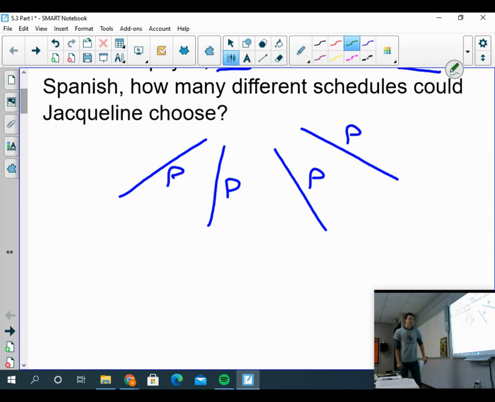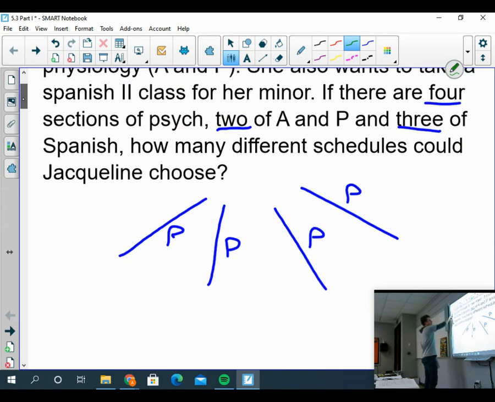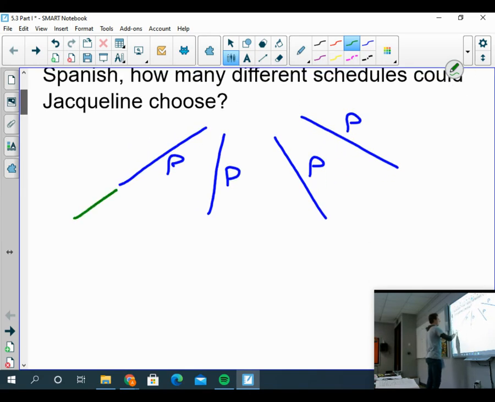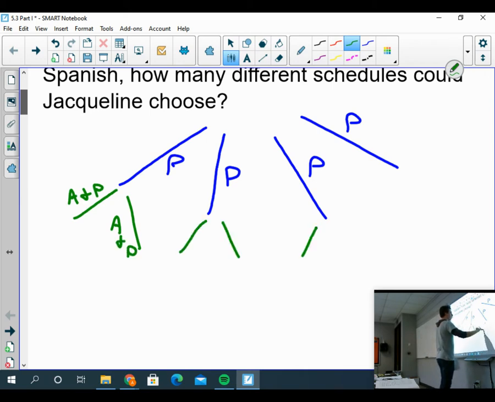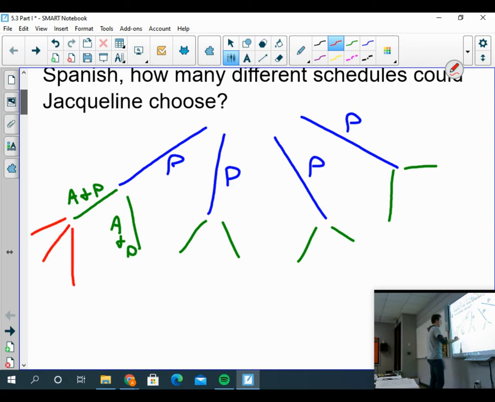And then for each of those psych classes, she has 2 different options of anatomy and physiology. And then beyond those 2 options, for Spanish, there are 3 different options. So let's say she chooses the first section of psych, the first section of anatomy and physiology. Even if she does that, she's going to have 3 more options for Spanish.